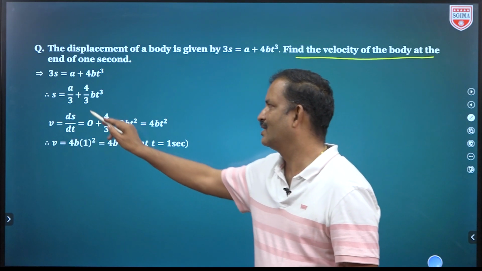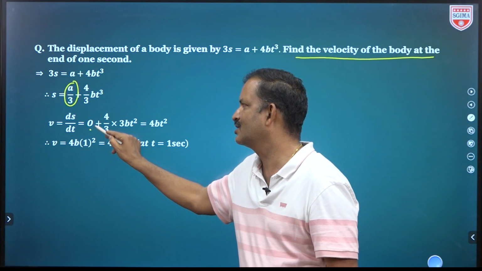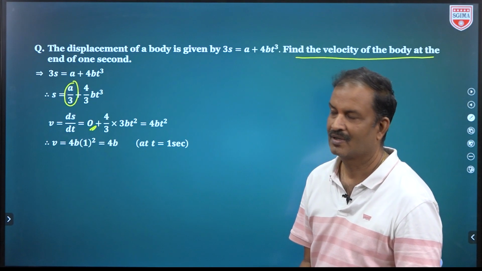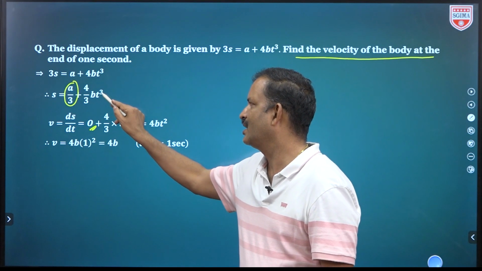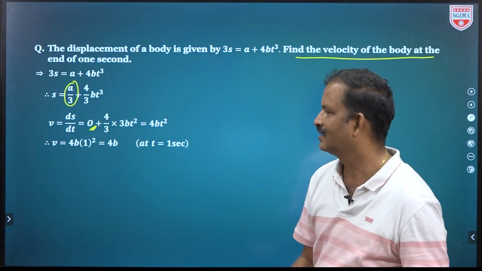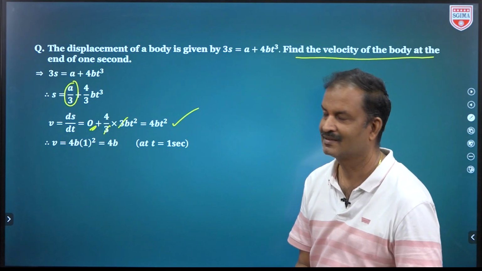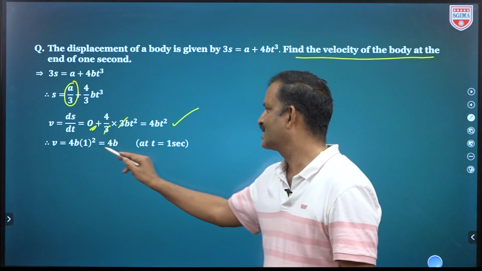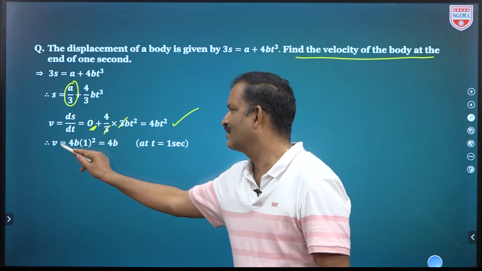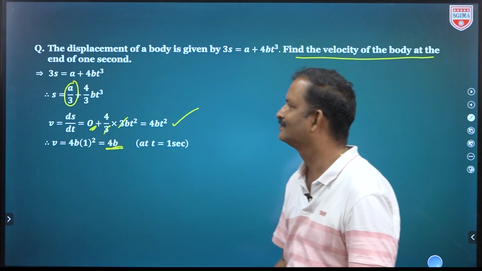Velocity is equal to ds by dt; the constant's differentiation is 0, plus 4 by 3 b t cube differentiation is 3b t square. Then this 3 will cancel, giving 4b t square. At t equal to 1 second, v is equal to 4b into 1 square, that is equal to 4b.